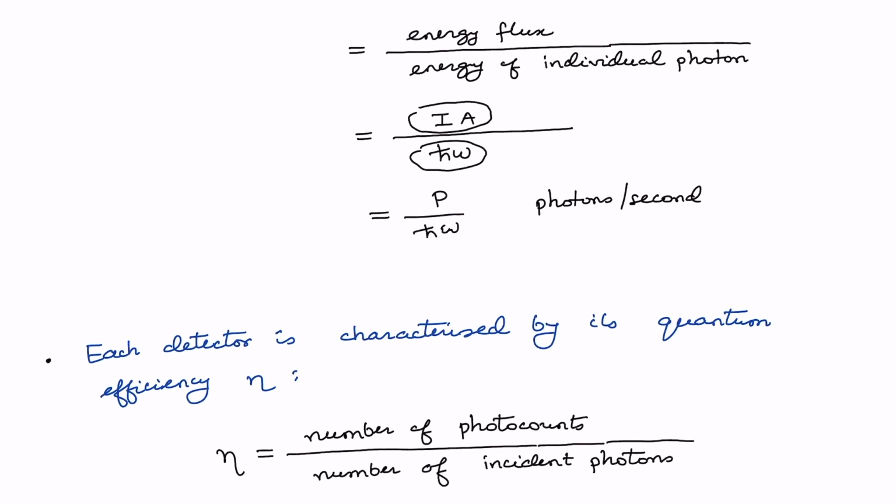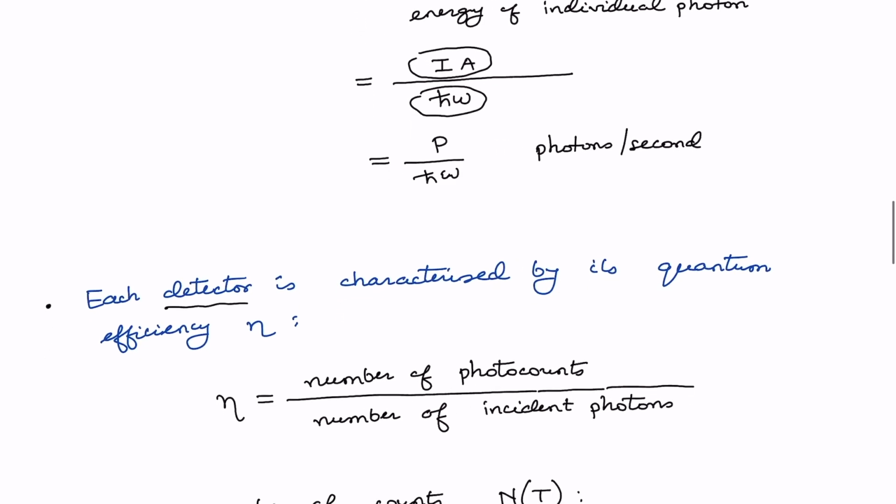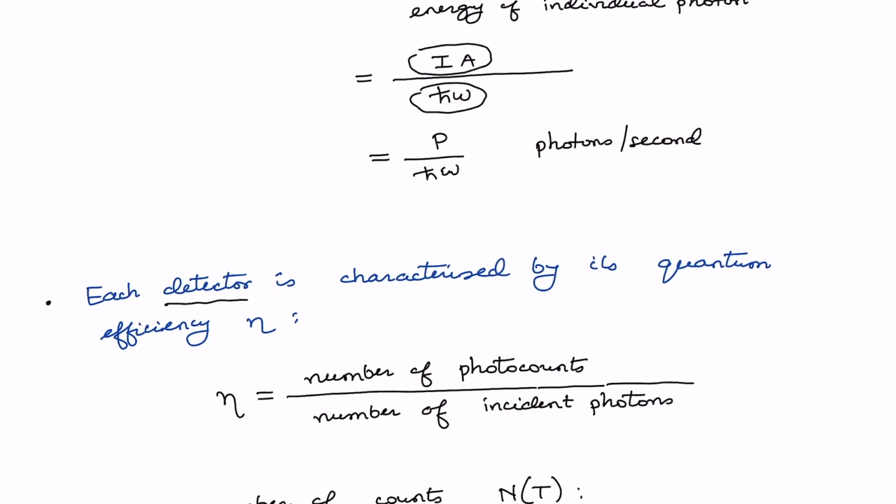Now each detector is characterized by the quantum efficiency eta, which is defined as the ratio of the number of photo counts to the number of incident photons. It's a pure number.